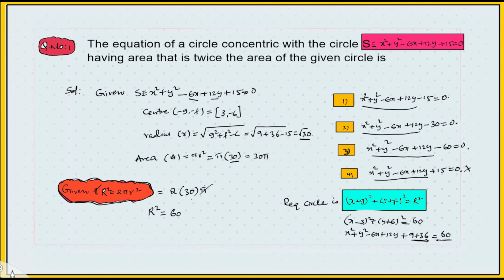So if you take 60 inside, 45 minus 60 is minus 15. Therefore our first option is the right option. First option: x square plus y square minus 6x plus 12y minus 15 equals 0. 2 circles are concentric means having the same center, differ by a constant, different radius.